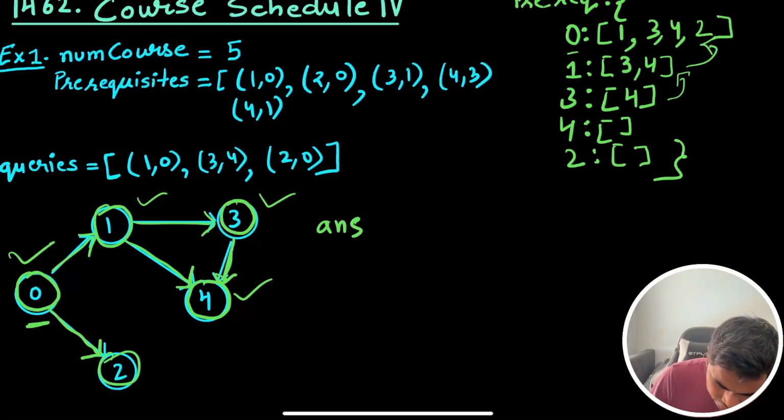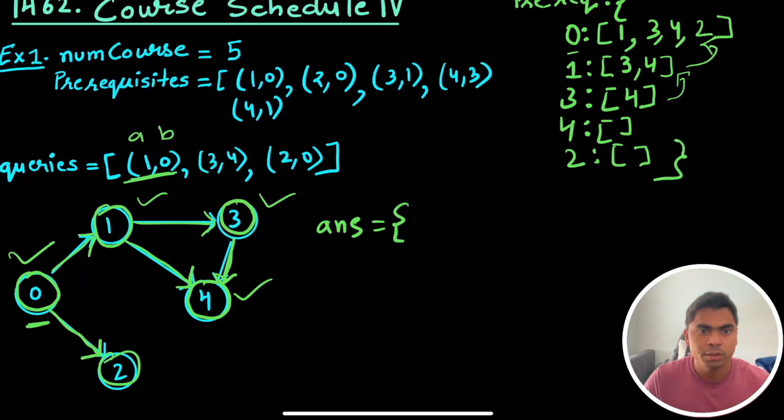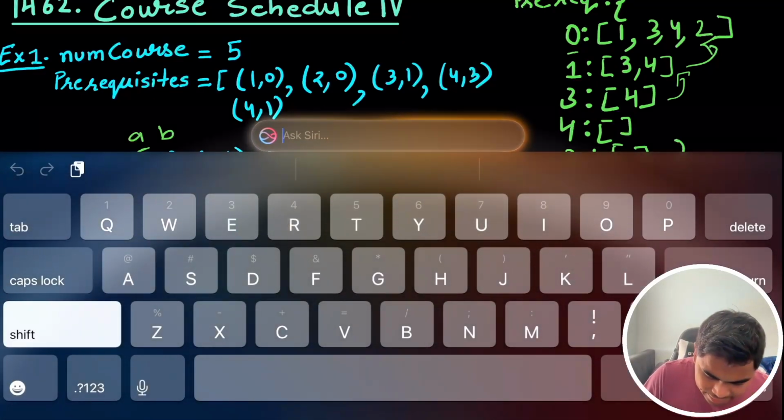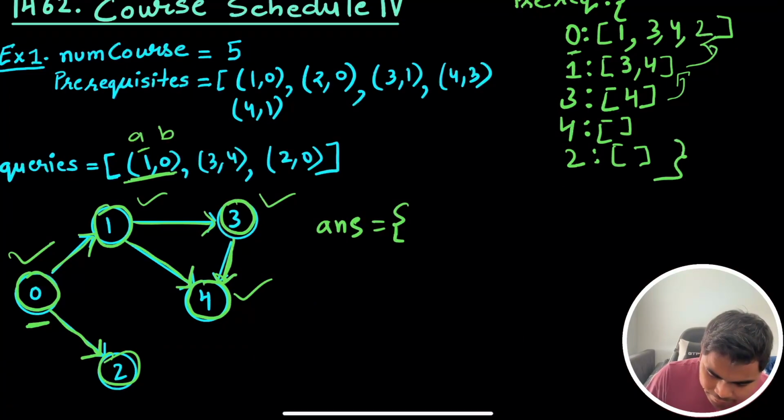So for our answer set, we're going to go query by query. This is A and this is B, and what we are really checking, if you remember in the problem, we were asked to answer whether A is a prerequisite of B. So if 1 is a prerequisite of 0, 0 has a set, and we are checking if A exists in this set.